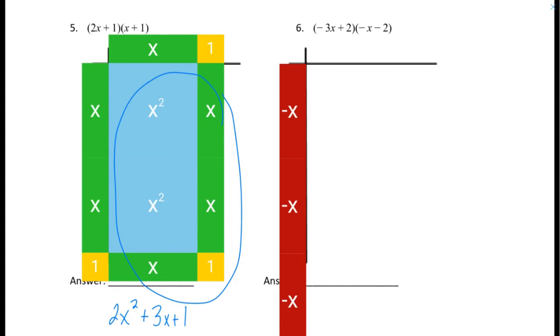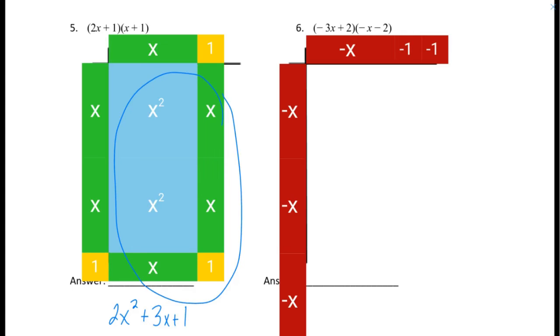In the top, I have negative x minus 2, so we need negatives. All right, then we'll fill in.